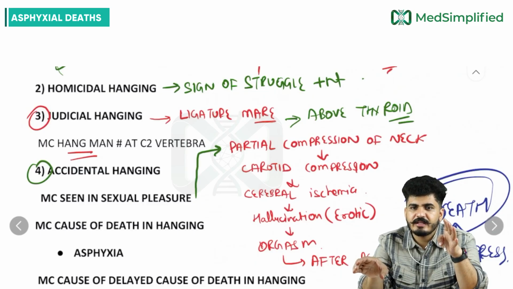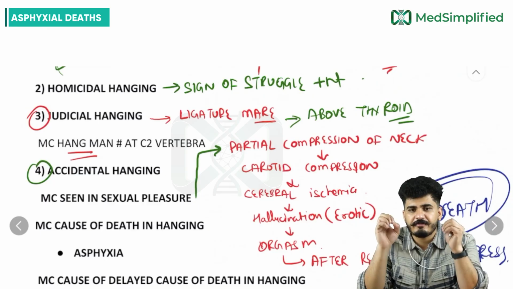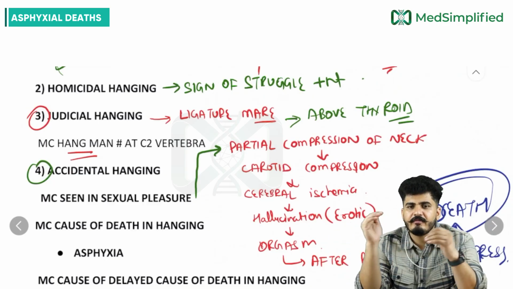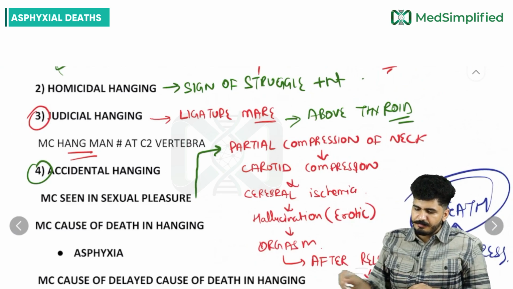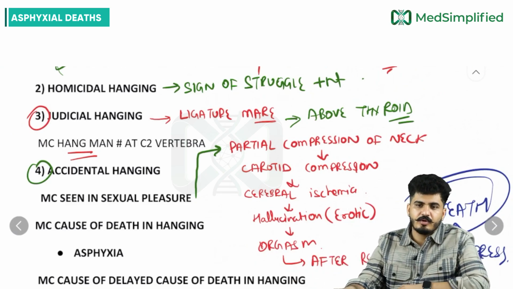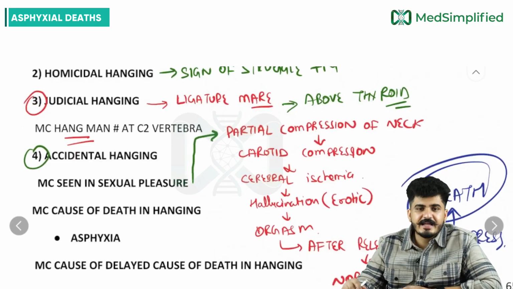While choking, they are having a lot of pleasure. They forget to remove the pressure. Failure to remove the pressure will lead to the death of the partner, my dear friends. So this is what we have learned about the sexual type, which is accidental hanging. Mostly it is accidental only.